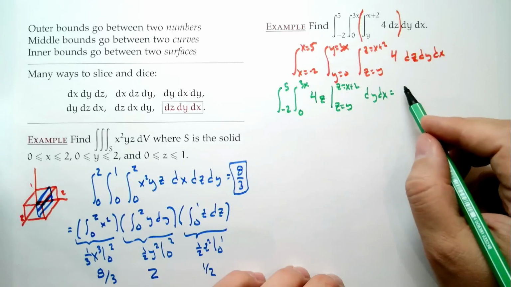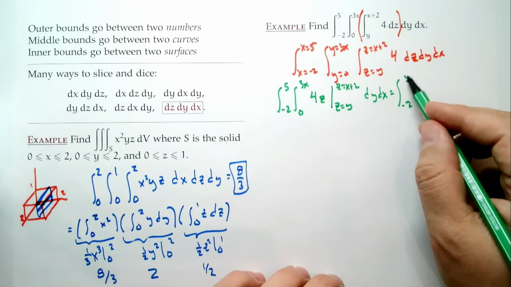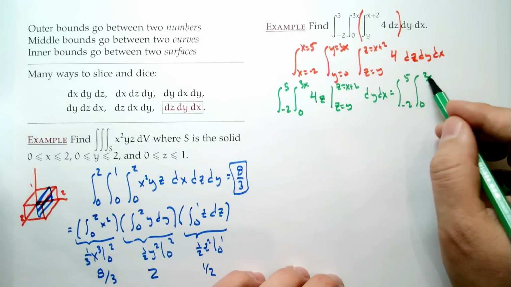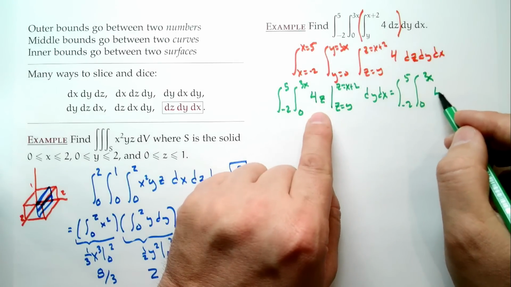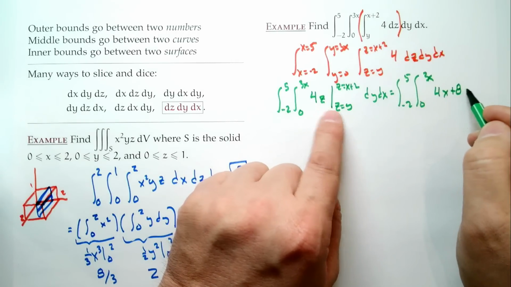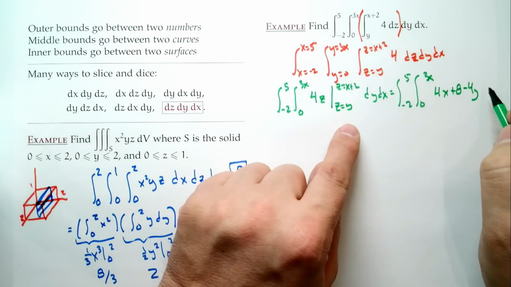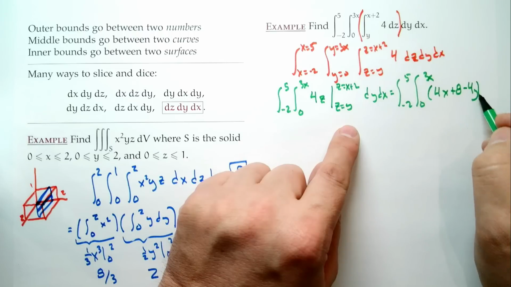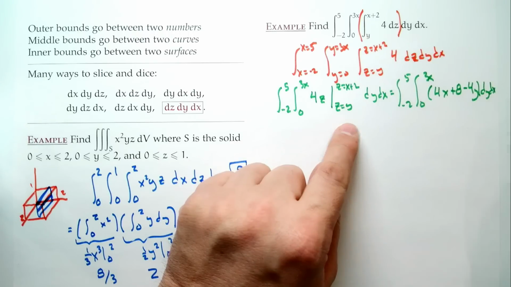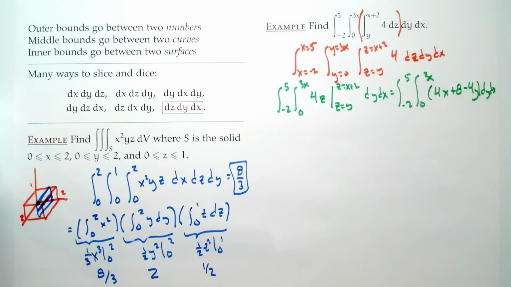So we plug that in. That's integral -2 to 5, integral 0 to 3x. Now I'm going to get 4x plus 8 minus 4y, and that's integrated dy dx. All right, what's the next layer? What do I integrate next?